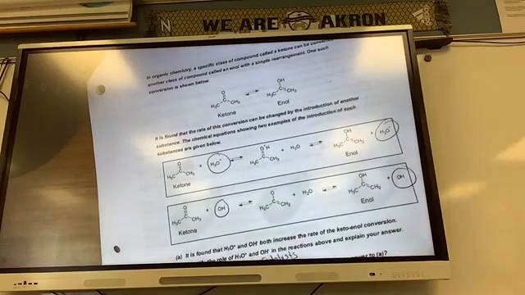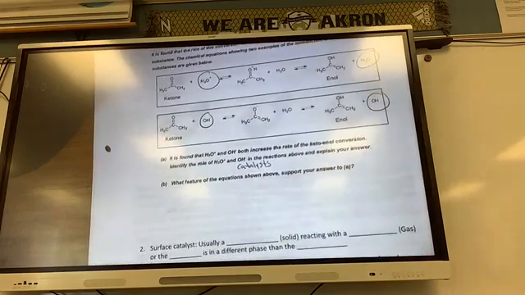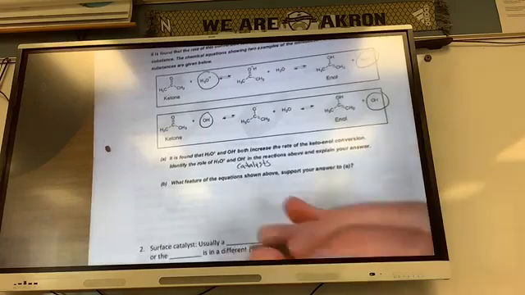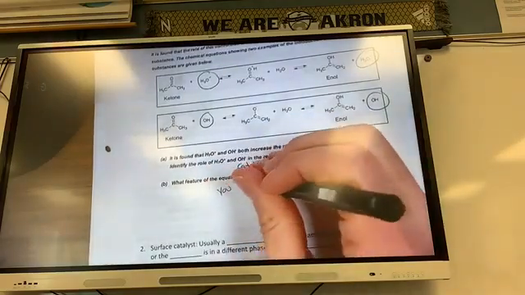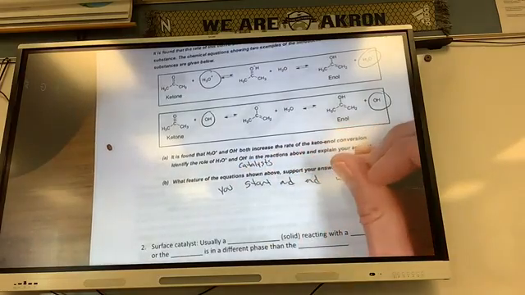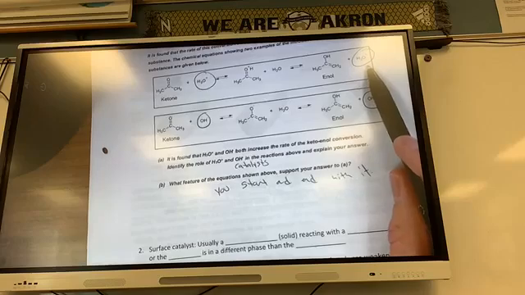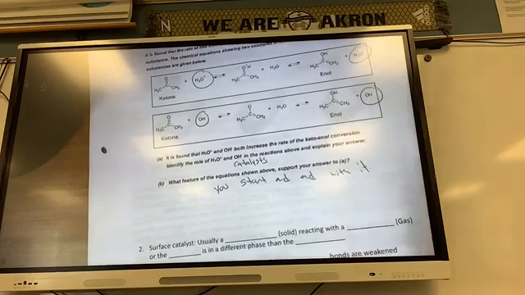So, what feature of the equations shown above support my answers? You start and end with it. I started with H3O plus, I ended with H3O plus.